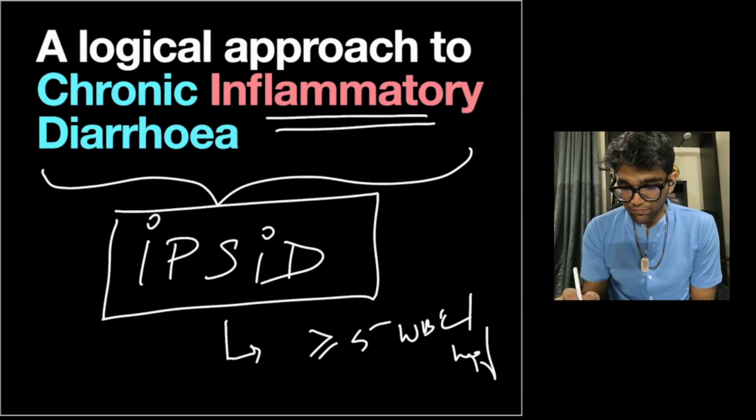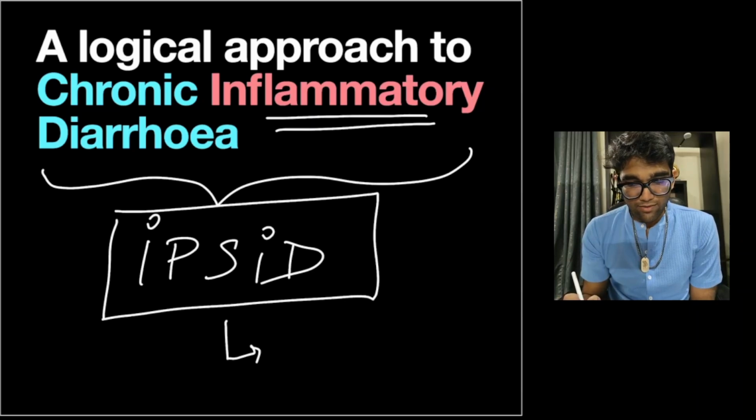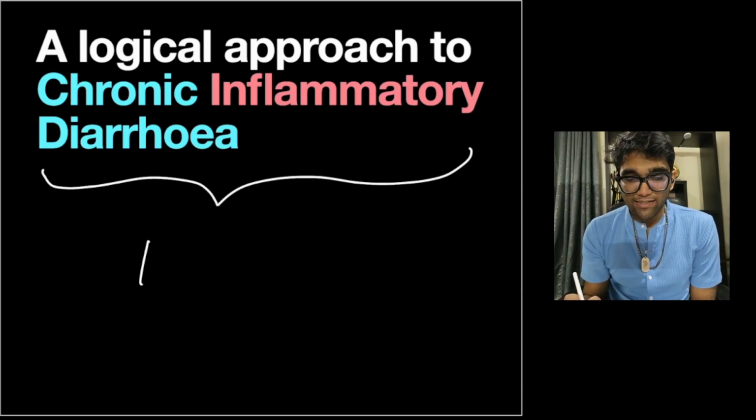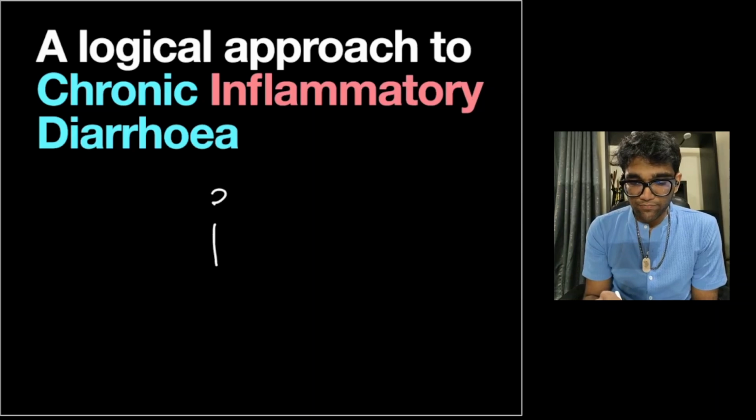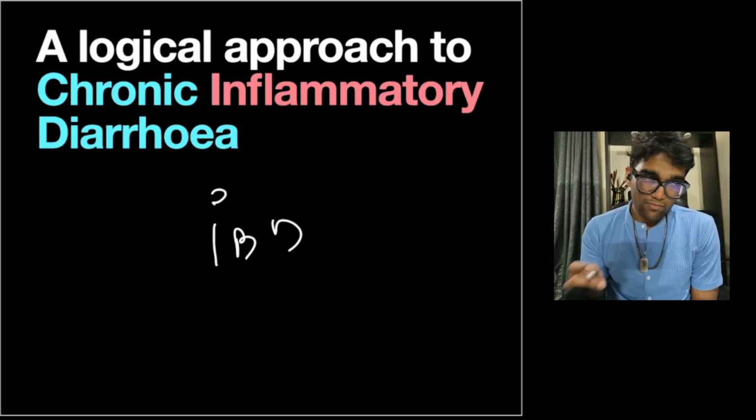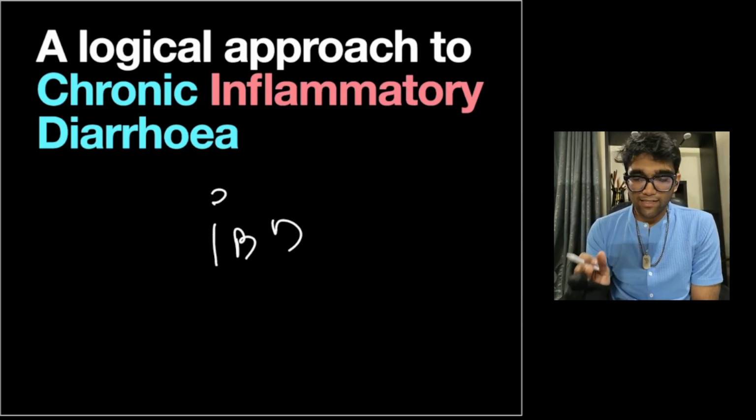So essentially what I'm trying to get at is that when I say chronic inflammatory diarrhea, the main entity that we're talking about is IBD. Also, to some extent, in the right clinical context, subclinical colitis with spondyloarthritis, and actually I could argue that they are the same disease.